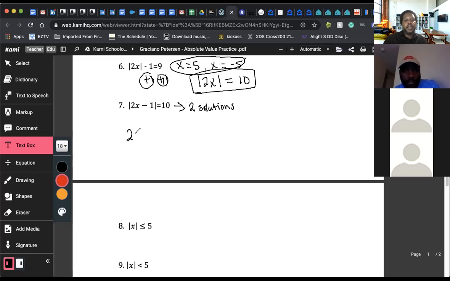So we do 2x minus 1 is equal to 10, and 2x minus 1 is equal to negative 10. So what are my 2 solutions? The first one, x equal to 11.5.